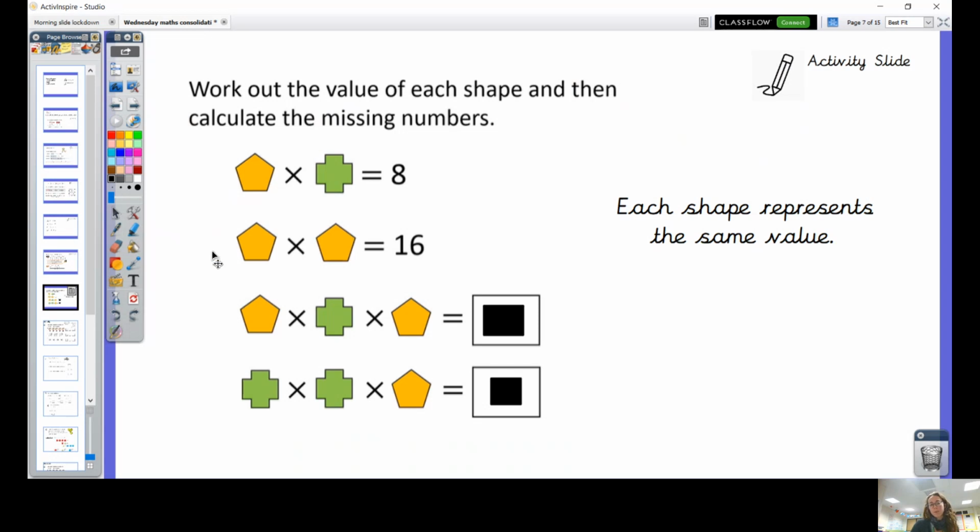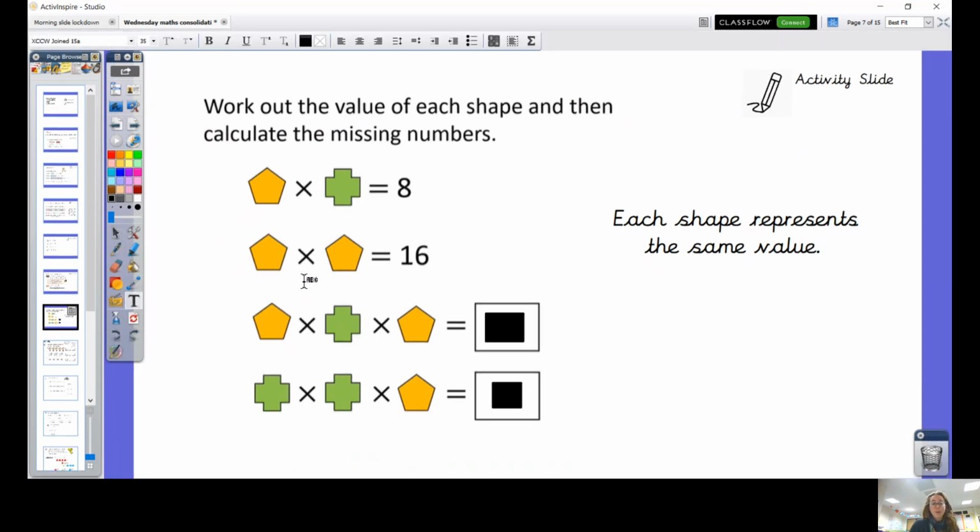I'm going to have a look at this one next. Now, this is interesting because 2 of the numbers in this calculation are the same. So I'm going to think, what times what is 16, where I've got 2 numbers the same? You might know this, in which case you can pause your video and just have a go at finishing this slide. If you're not sure, then keep listening.